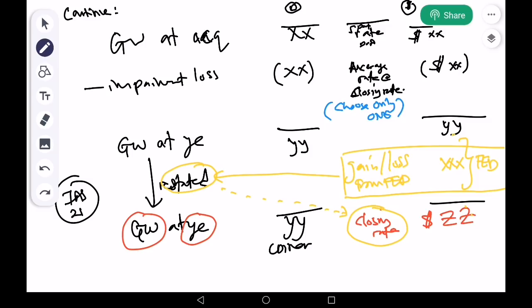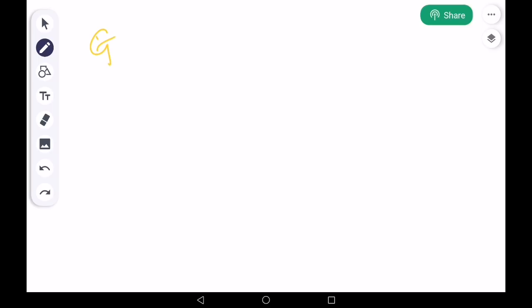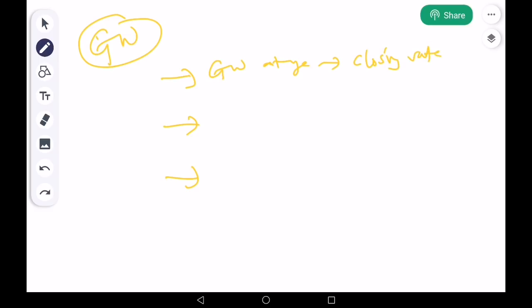So I want to continue for the setup. When you want to explain about goodwill, your setup will be like this. You just explain goodwill at the year end must use closing rate. The impairment loss will use average rate. Standard does not require you to use average only.